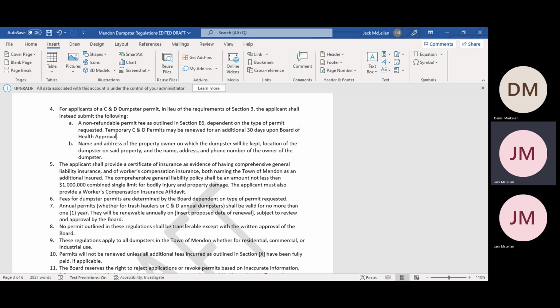Well, a household, somebody that's doing C and D, and they have it for a certain length of time. But if there's no time limit given to them, all right, I think I understand.